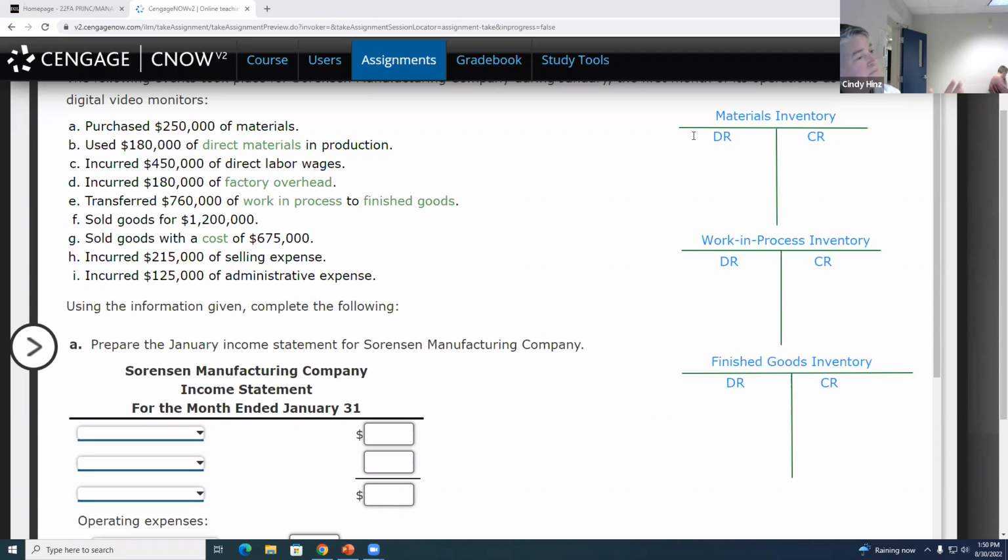The side that has the minus is the side that you would use to decrease the total dollars in that account. Each one of these accounts is an inventory account. So that is, of course, an asset, and assets are increased on the debit side, or in other words, they have a normal debit balance, and they're decreased on the credit side.